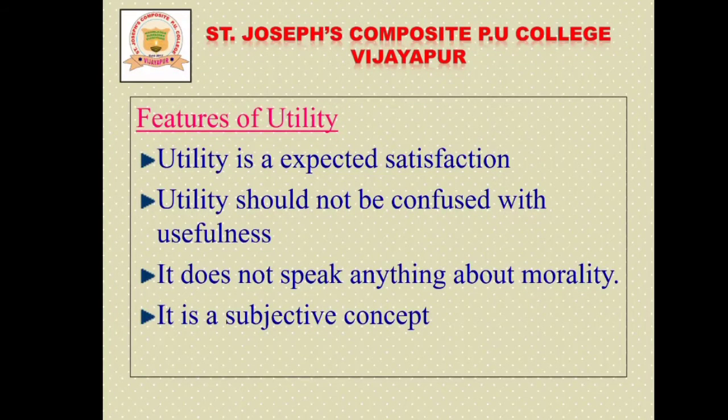This is for a 1 mark question. The features of utility are: utility is expected satisfaction; utility should not be confused with usefulness; it does not speak anything about morality; and utility is a subjective concept.